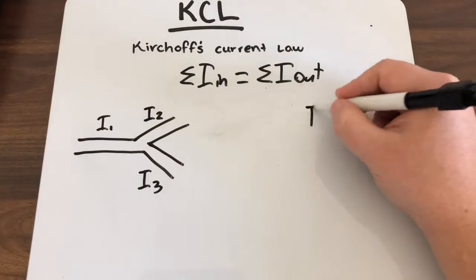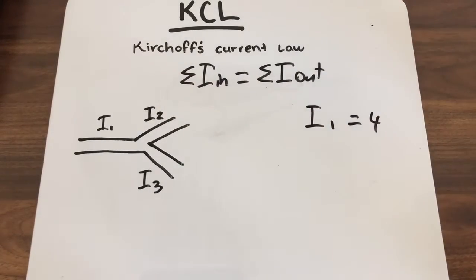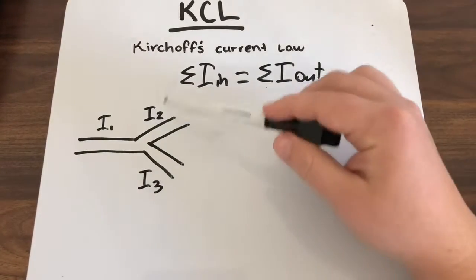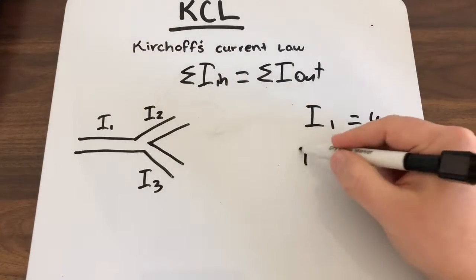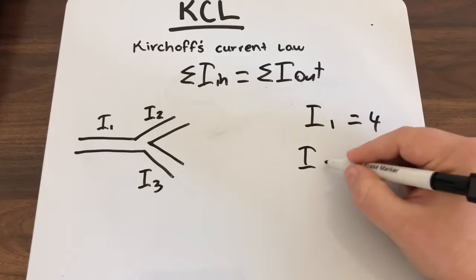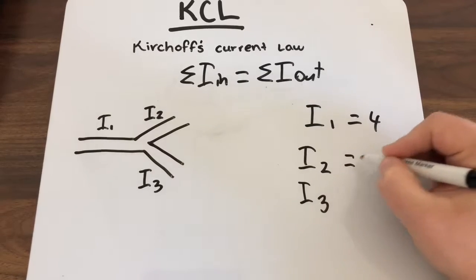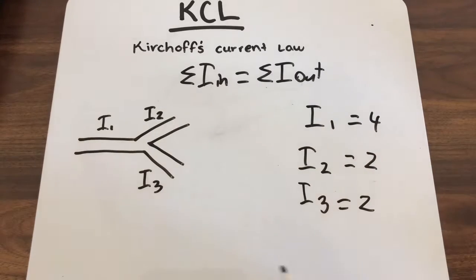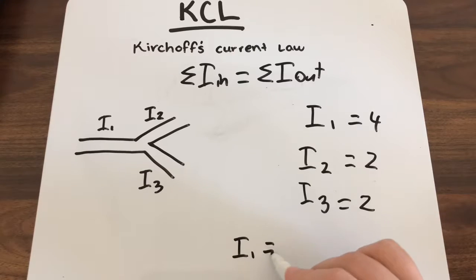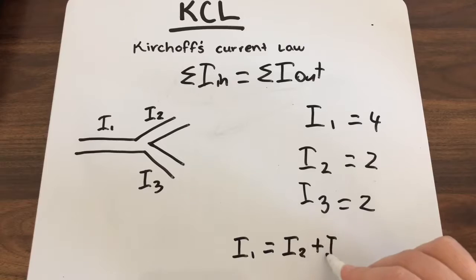Now, if we're given I1 equals 4, then common sense would tell us, because these two are even streams, that I2 and I3 would both be half of I1, which means these would be 2 and 2. So this can be written in the form I1 equals I2 plus I3.